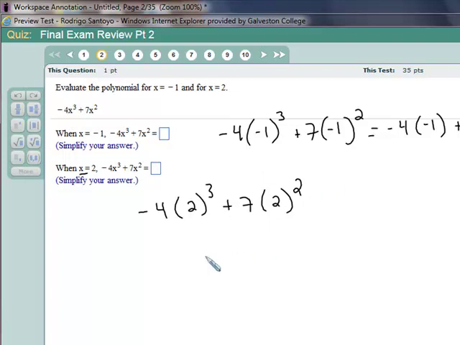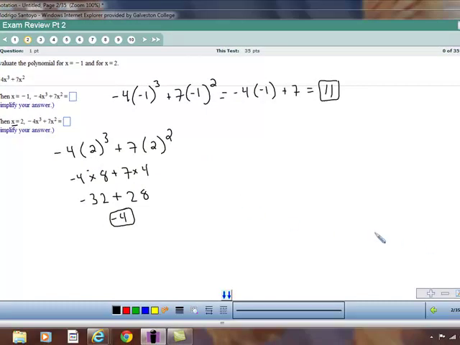We get negative 4 times 8 plus 7 times 4. Negative 4 times 8 is negative 32. 7 times 4 is 28. When we work that out, we should get a nice solution of negative 4. I'm showing you the steps here, but you can just go ahead and put it in your calculator if you'd like.